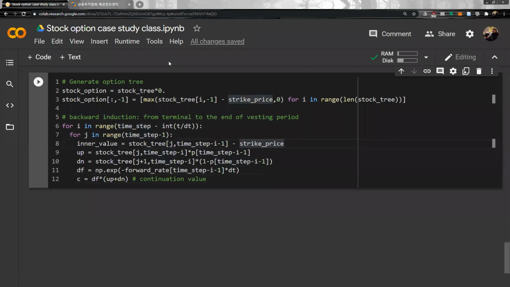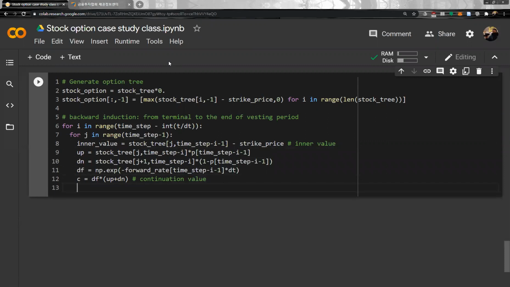So it is the inner value. The holder of this stock option compares inner value and continuation value and chooses the bigger one, of course.